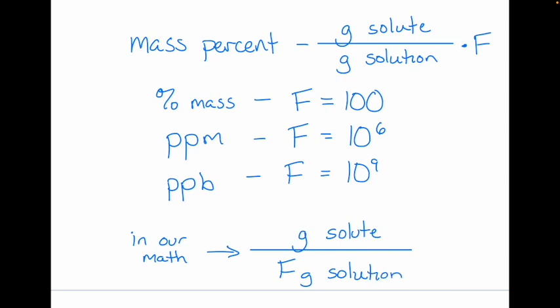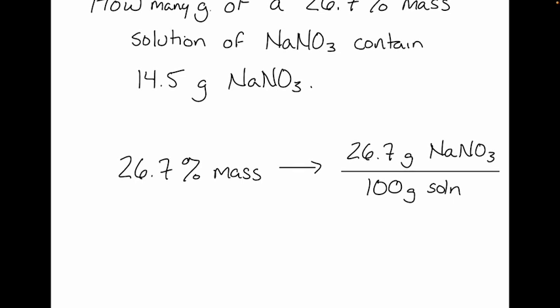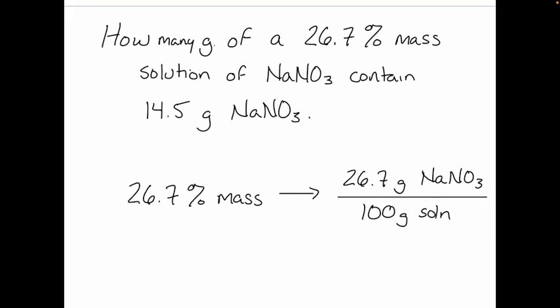Since we were using percent mass in this problem, we took it over 100 grams. If instead we were using parts per million, we would take it over 10 to the 6 grams of solution, right? So whatever that value of F is depends on your units. In this case, we were using percent mass. That's why we took our 26.7 grams and divided it by 100 grams of solution. Okay? So now that we got this far, everybody take a second and work through the rest of this problem here.